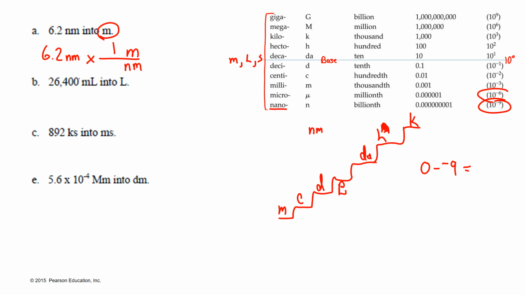That means that a meter is 10 to the 9th nanometers. It should relatively make sense: a meter is 10 to the 9th bigger than a nanometer. So whenever we're looking at that, we have to divide by 10 to the 9th to get to meters. So do 6.2 divided by 10 to the 9th.